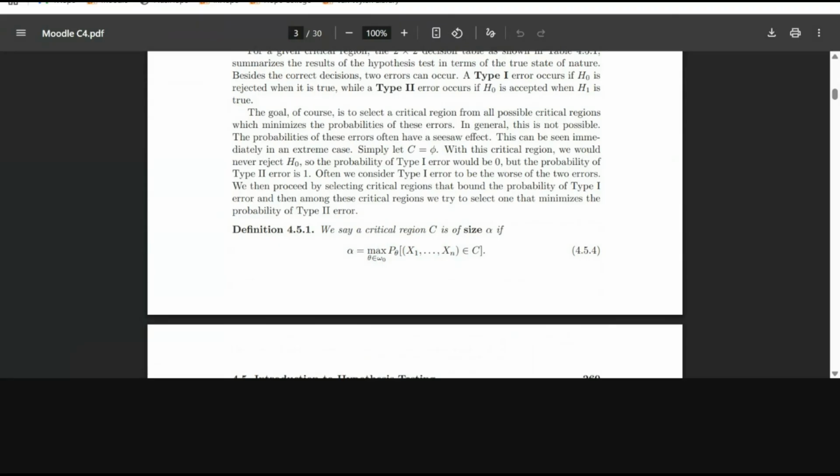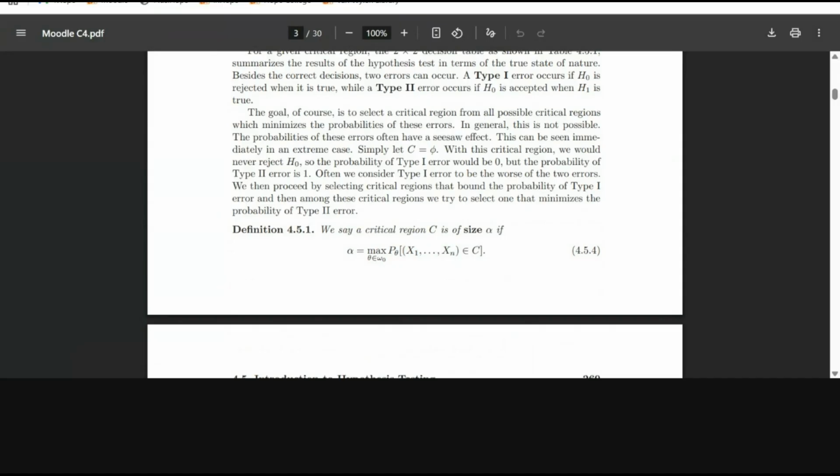Let's say my null is a very simple one. Mu is 15. This is a very simple omega naught because we've explained this. This just tells you your null parameter space is just the one number, just 15.